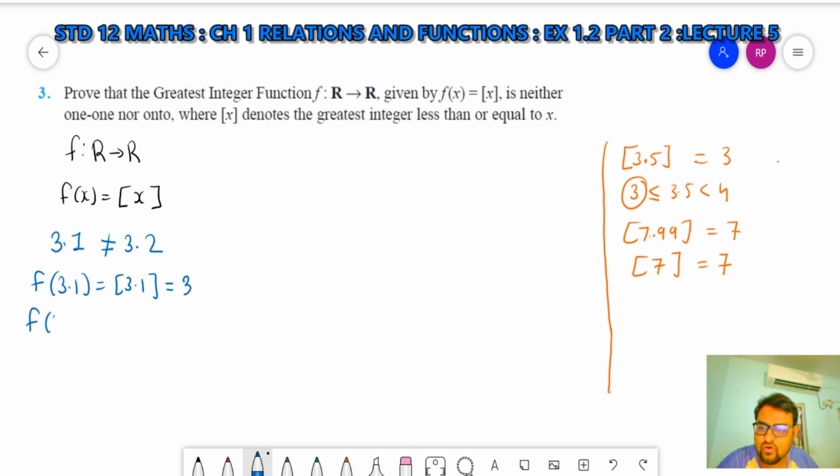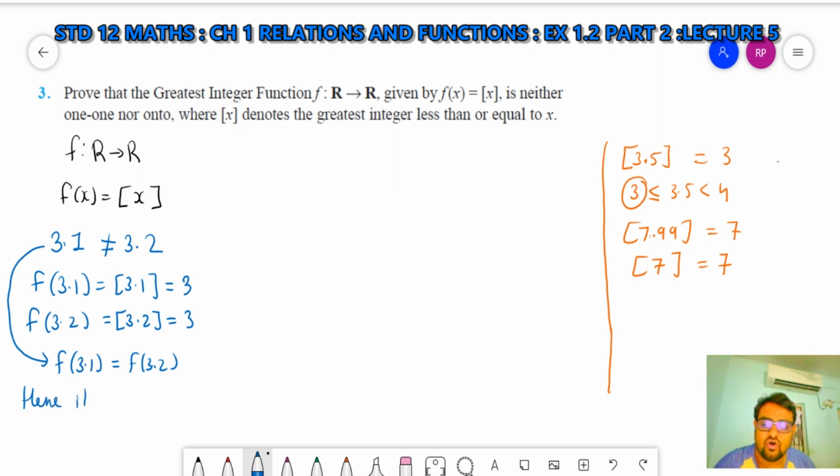Same way f of 3.2 is equal to the greatest integer function of 3.2, which is also equal to 3. See, 3.1 is not equal to 3.2, but f of 3.1 is equal to f of 3.2. Hence, it is not a 1-1 function. Clear?